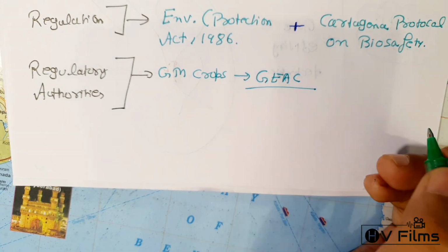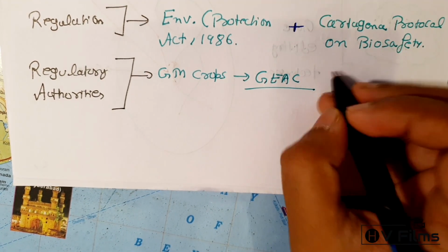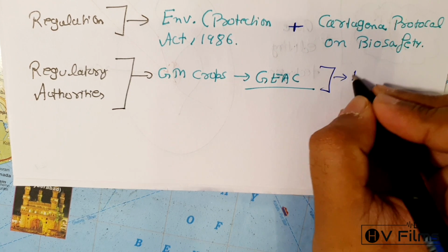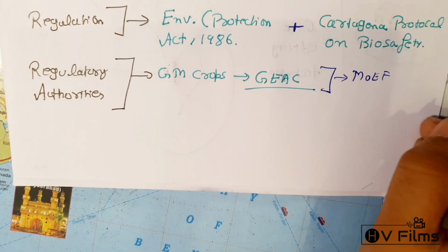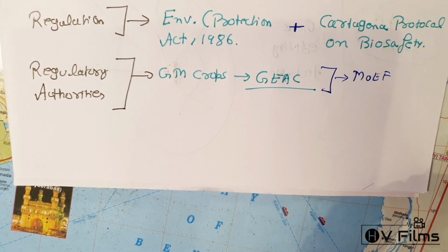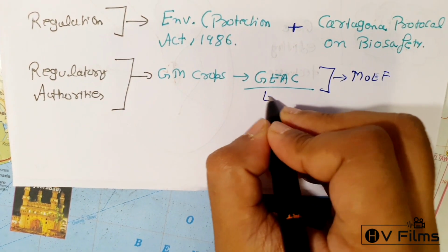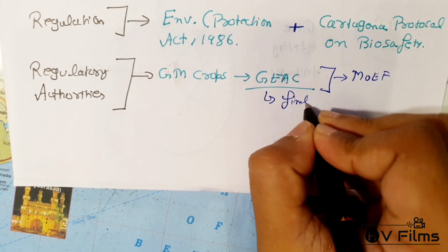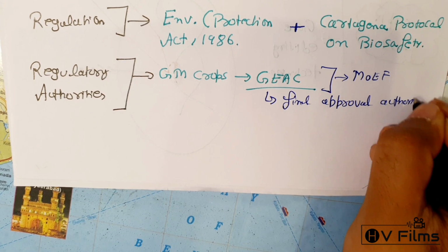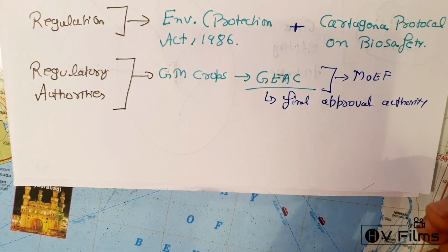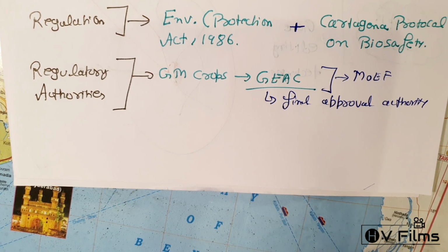The GEAC is under the Ministry of Environment and Forest, MOEF, and it is basically the final approval authority for the environmental release of the GM crops in India, including the confined field trials, and it also includes the approval for the commercial cultivation of the GM crops.